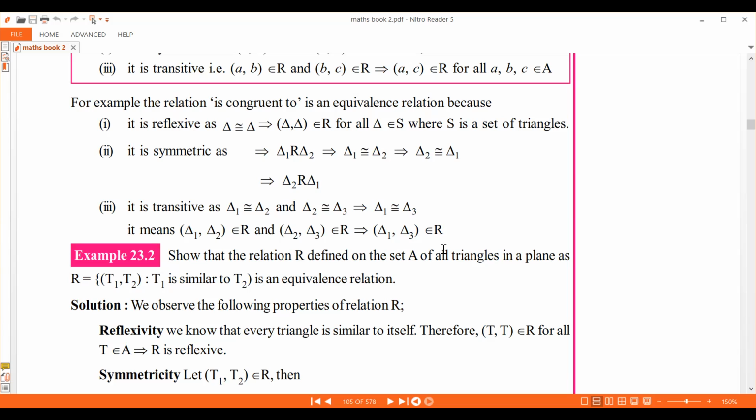Only if the angles are equal, then you will say similar triangles. If sides are equal, angles are also equal, then you will say the triangles are congruent. Clear? That means in this particular set, you are taking the photographs of the same triangle.